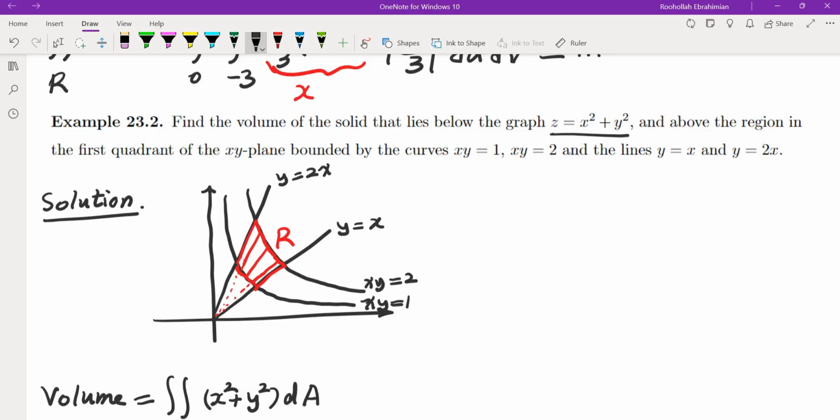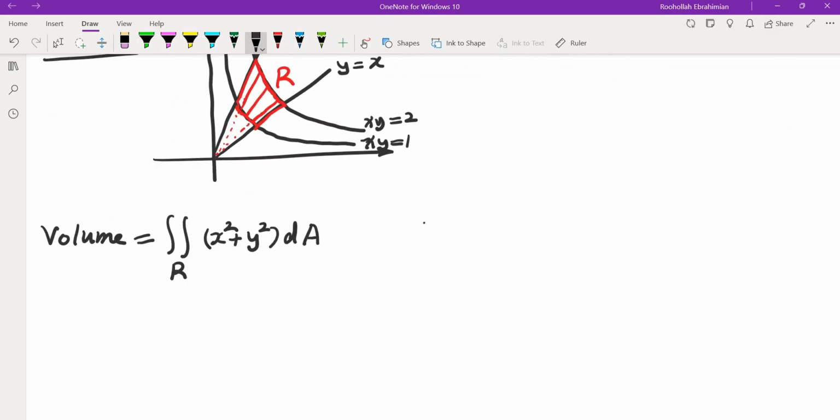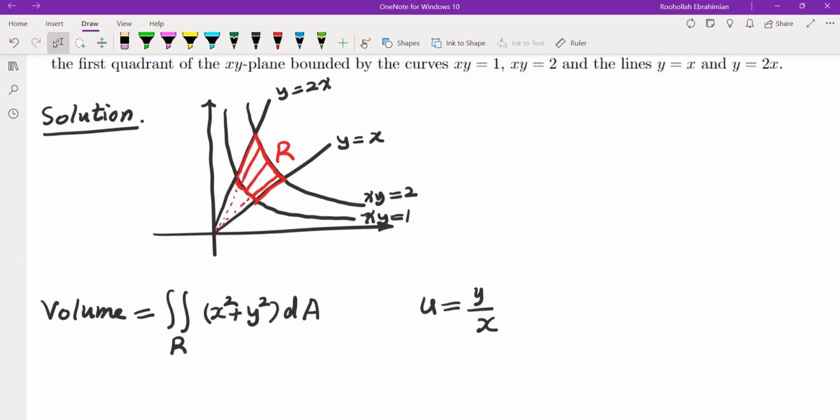So what would be an appropriate change of variable here? Well, one appropriate change of variable would be u equals y over x, because then the first one, y equals x, is u equals 1, and the last one, y equals 2x, is u equals 2. Now, how about the other grid lines? Well, this is xy equals 1, xy equals 1.2, xy equals 1.5, etc. These are the curves that we can look at.